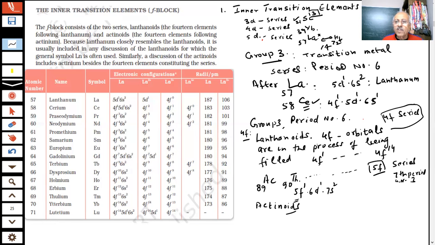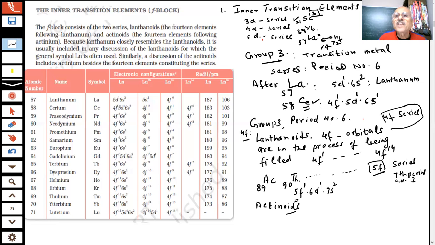All right. So the first question is clear: these elements are part of group 3 of the transition series. Instead of putting them in group 3, because our table would become very long and lengthy, we have decided to put them outside, because here the f orbitals are in the process of being filled.